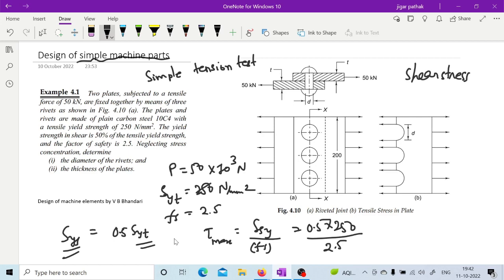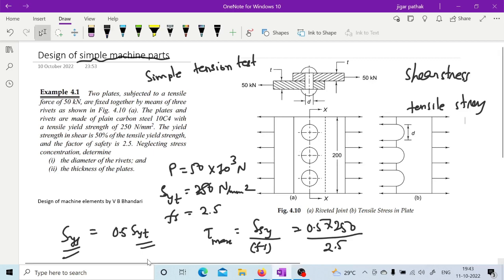Both are yield strength only, right? But for the failure of the plate, you will consider tensile stress, because the plate is experiencing tensile stress while the rivet is experiencing shear stress. So you will consider two different things for two different components, right? For the diameter of the rivets, you will consider the shear yield strength, and for the thickness of the plate, you will consider the tensile yield strength.